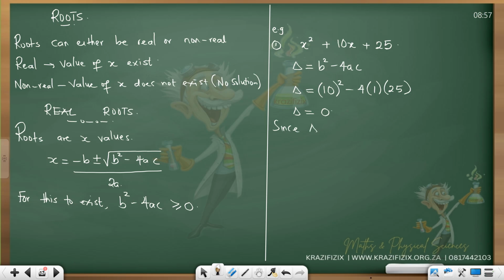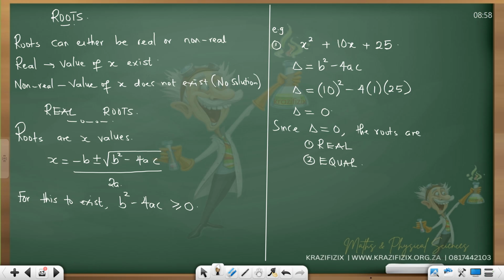When the discriminant is equal to 0, the roots are, number one, real. It means we can solve it. It has an answer. And number two, the roots are equal.